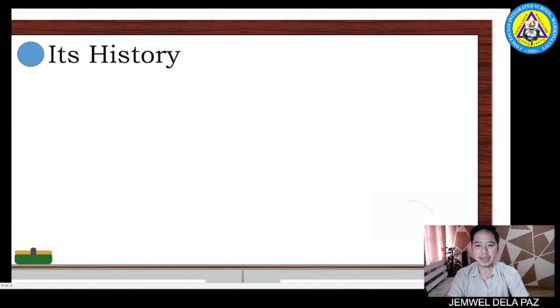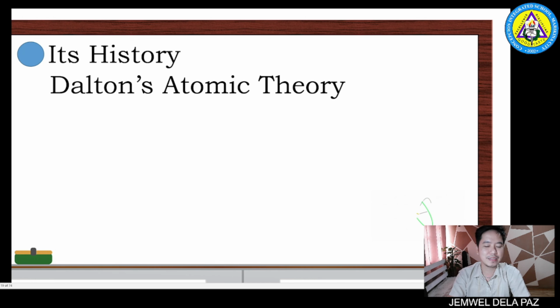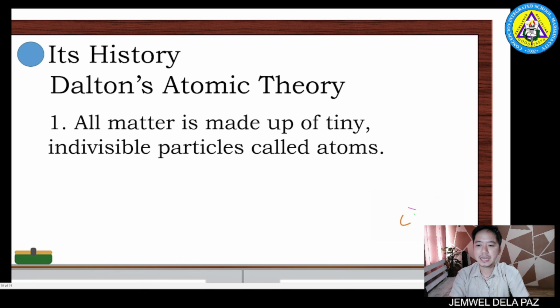Here are the different postulates of Dalton's atomic theory. He was the mind behind Dalton's atomic theory. First, he postulated that all matter is made up of tiny, indivisible particles called atoms.